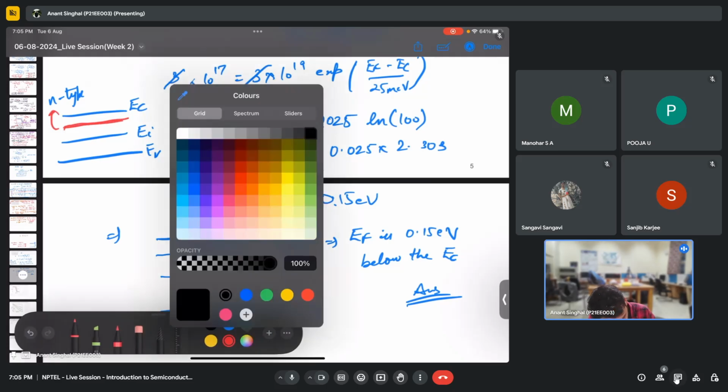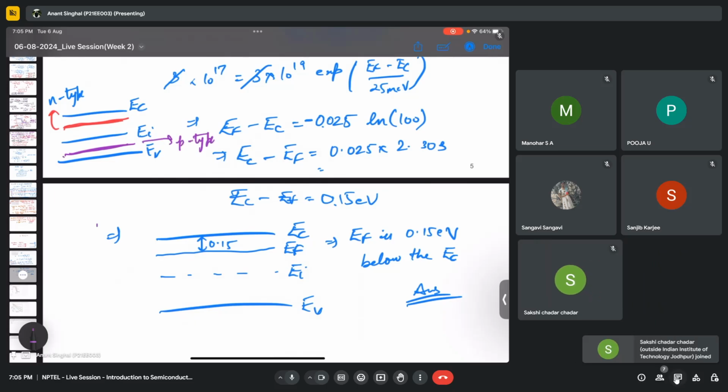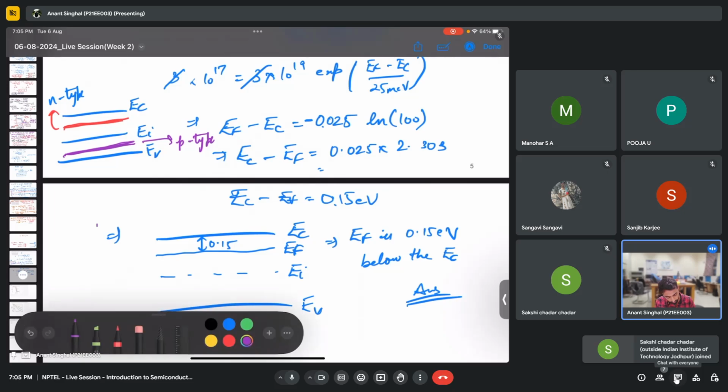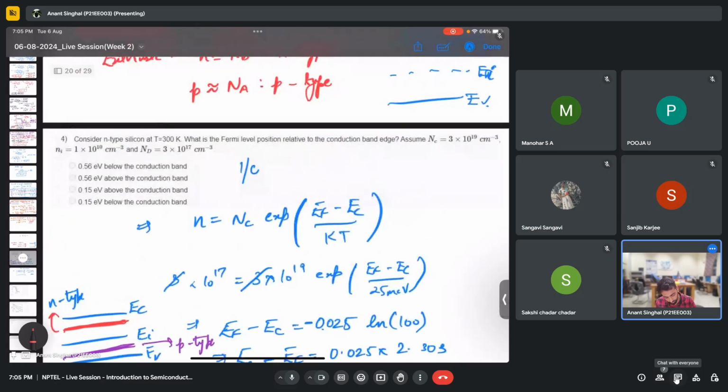And for a p-type semiconductor, let's say this is the Fermi level, the Fermi level is always close to the valence band. This is the conclusion for this particular question: for n-type semiconductor we will always have the Fermi level close to the conduction band, and for p-type we'll have the Fermi level close to the valence band. So for this question, EF is below EC by around 0.15 electron volts. So that is option D.